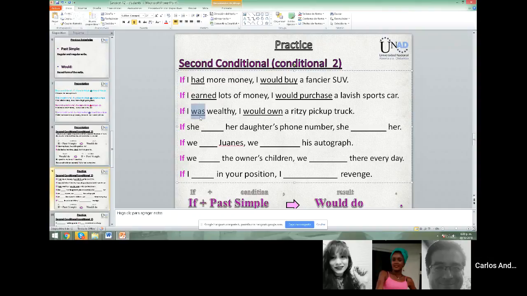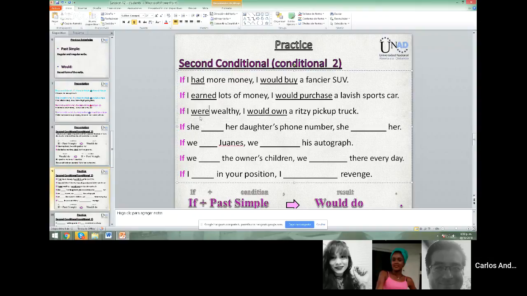But when you're using second conditional, the correct form of the verb be is always were, every single time. Why? Because if you use was, it is like "yo fui rico o millonario." But if you use were, it is "yo fuera millonario," the subjunctive.